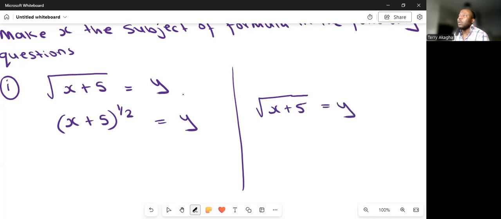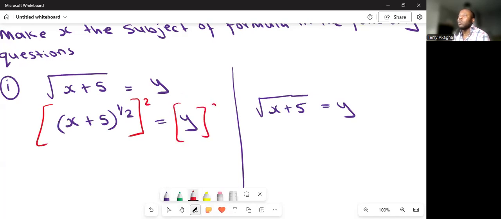If you don't convert it to index, you must be very conversant with the inverse function, or the inverse powers. So in order to remove the square root, we raise both sides to the power of 2. Are you seeing it? So this is going to cancel out that, and you're going to have x plus 5 equal to y squared.